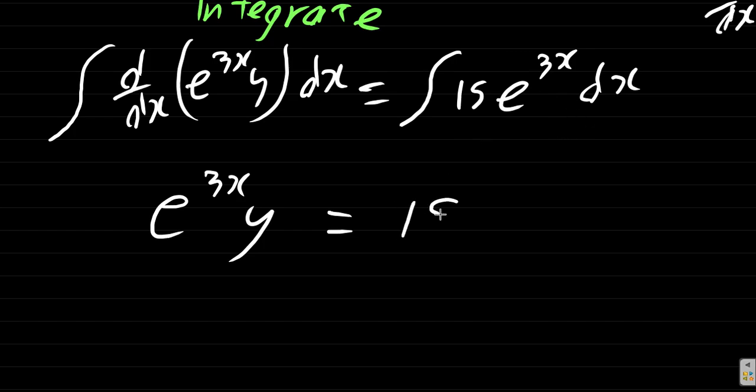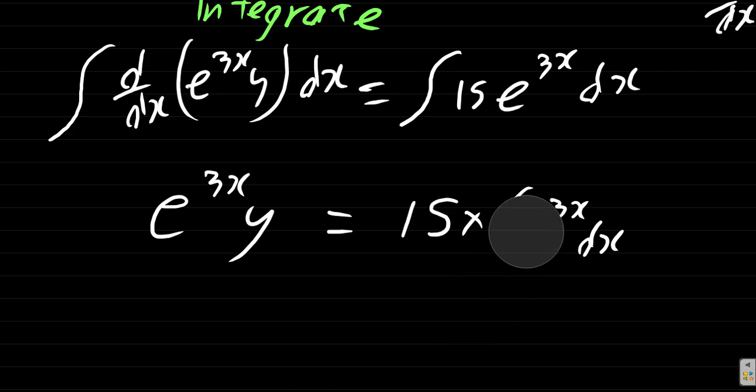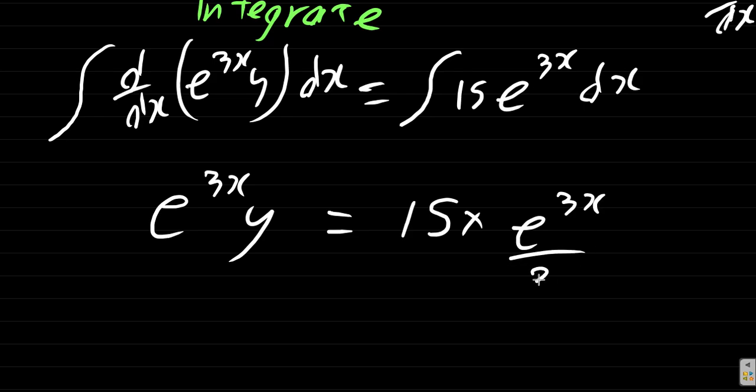So this is 15 times, alright, when you integrate e to the 3x, the integral of e to the 3x dx, you use integration by substitution. What you would get is e to the 3x divided by 3.